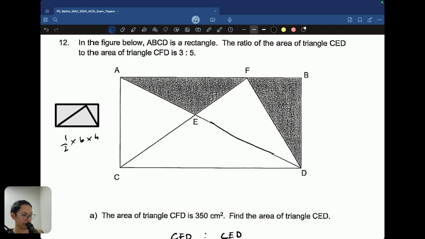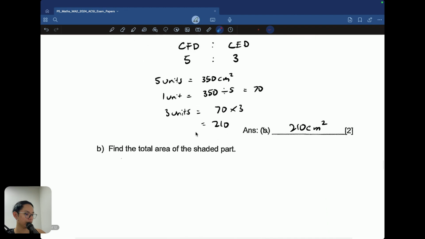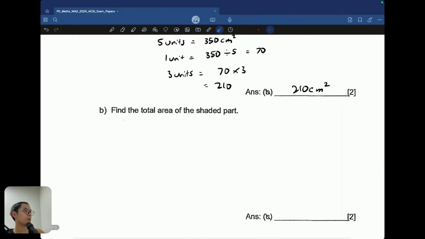The half of the area is, in this case, CFD. So CFD is actually the area of half of the rectangle, which is 350 centimeter square. Okay, so that is one side of the solution that we know.